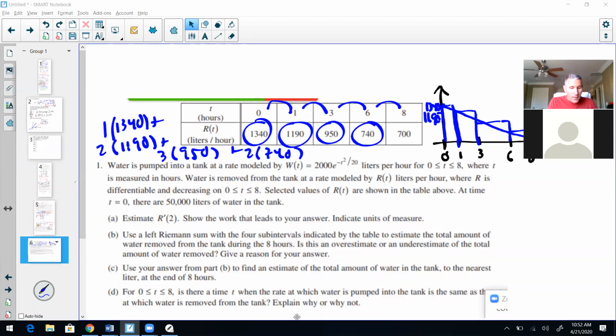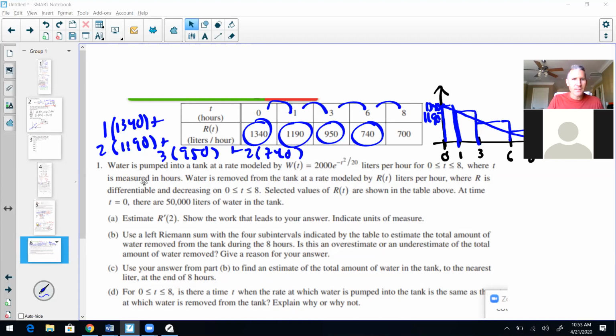Okay, so what we need to see is that W of t is greater than R of t at some point, and W of t is less than R of t at some point. And that would give us enough information to determine, because we do have that, of course, W of t is continuous and differentiable everywhere.